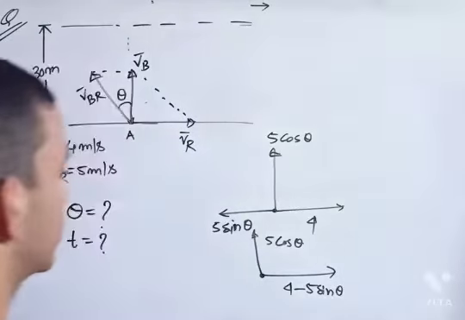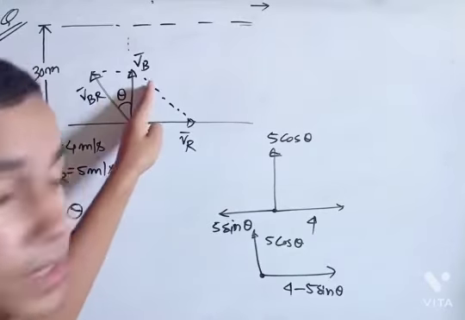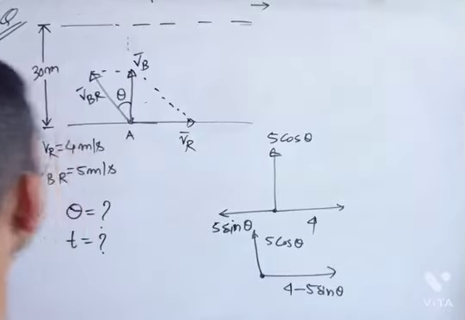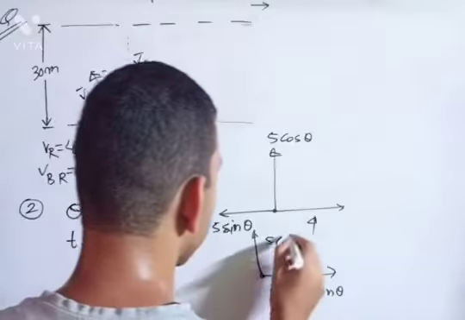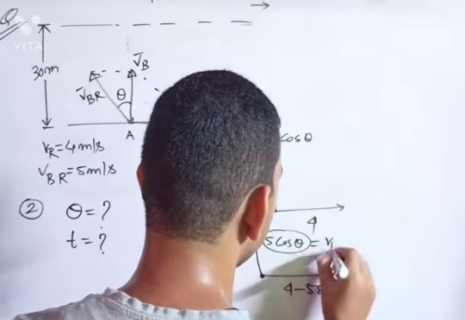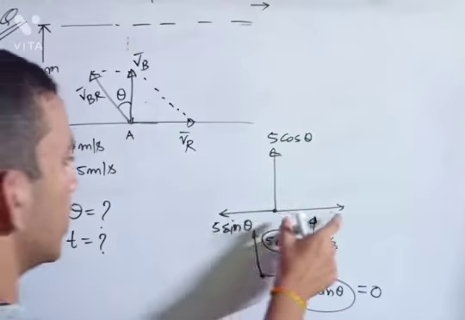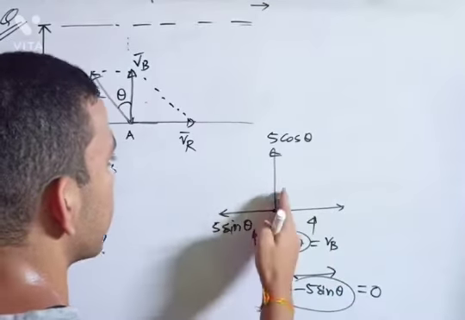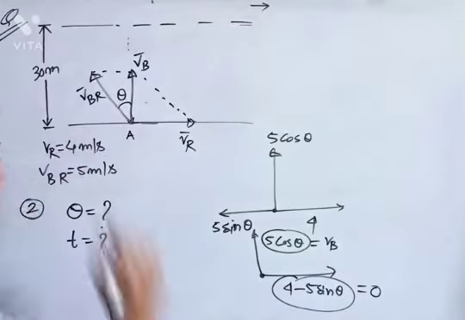Now if we want to direct this VB vector along this path, then these two parts should cancel. That means this should be equal to VB and this part should be equal to 0, because only if these two vectors cancel each other, then the final vector will be pointing along the perpendicular of this VR vector.